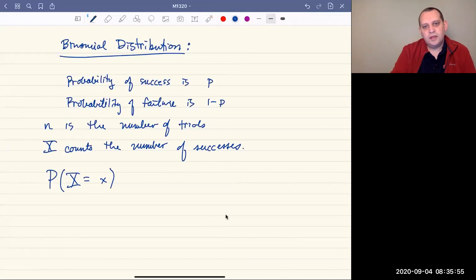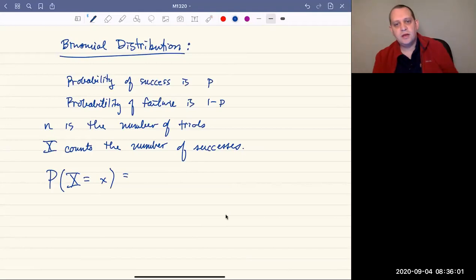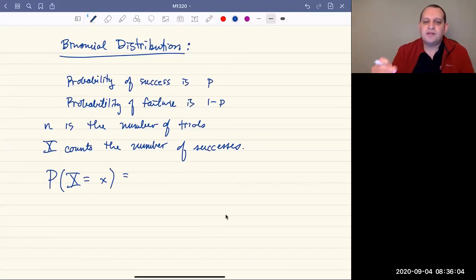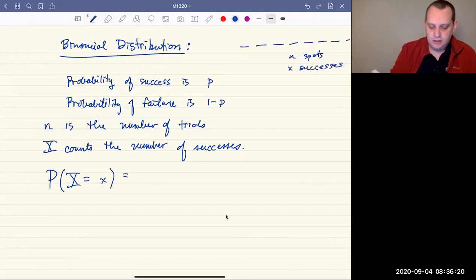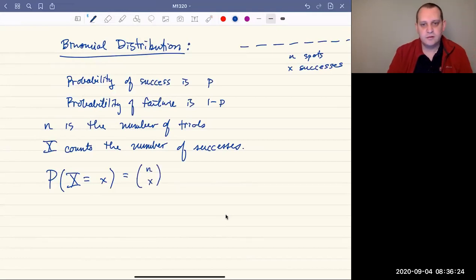We've already seen this story before, but we need to think about how many ways there are to get exactly x successes. If we have n spots and we want to choose x successes, how many ways are there to do that? Well, n choose x.